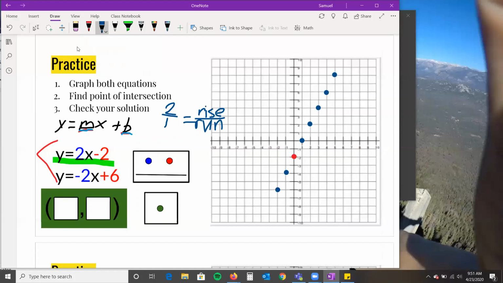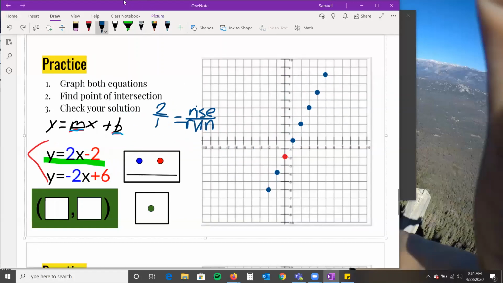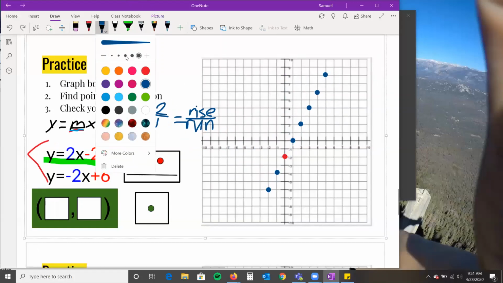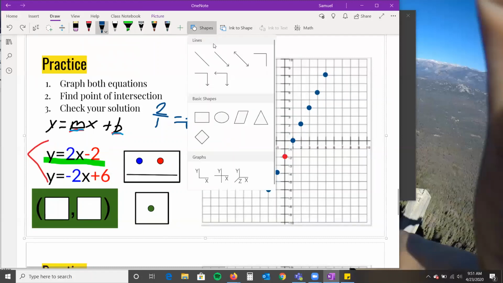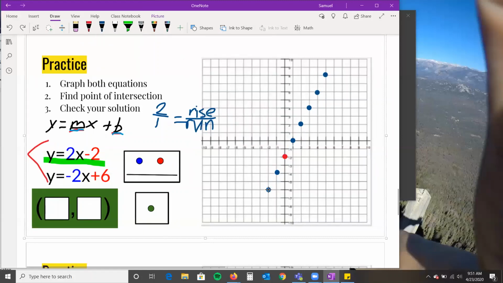So that's one of my lines. Let me make that a little bit thinner. So that's my first line there, and then I do my second line. y equals -2x plus 6.